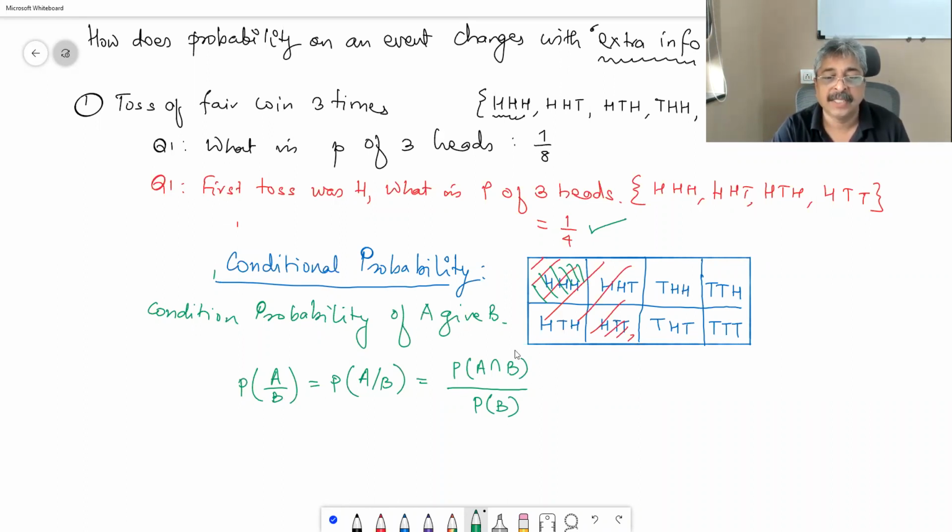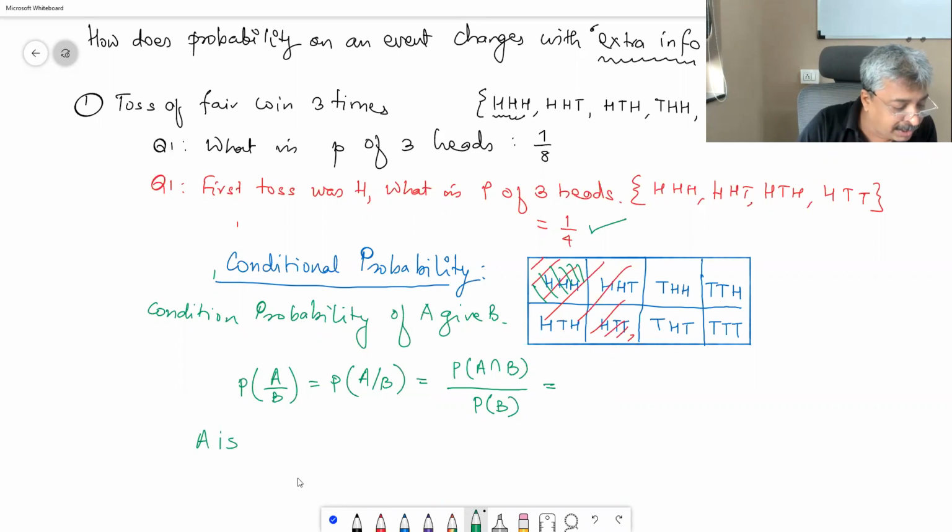In our case, probability of A intersection B was, think about it. Event A in our example. See, writing the event correctly carries a lot of importance in probability. Event A is all 3 tosses are heads.